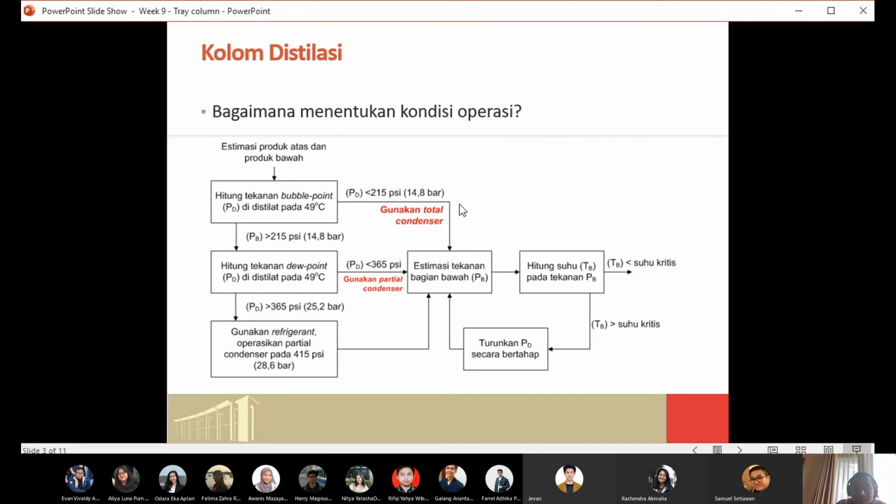So this is the idea of how to select the operating condition for the distillation column.